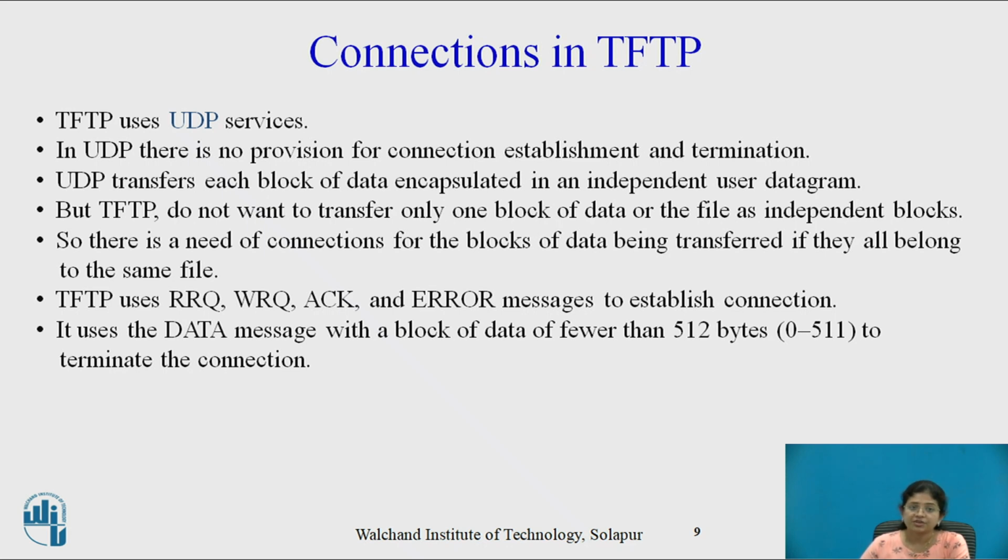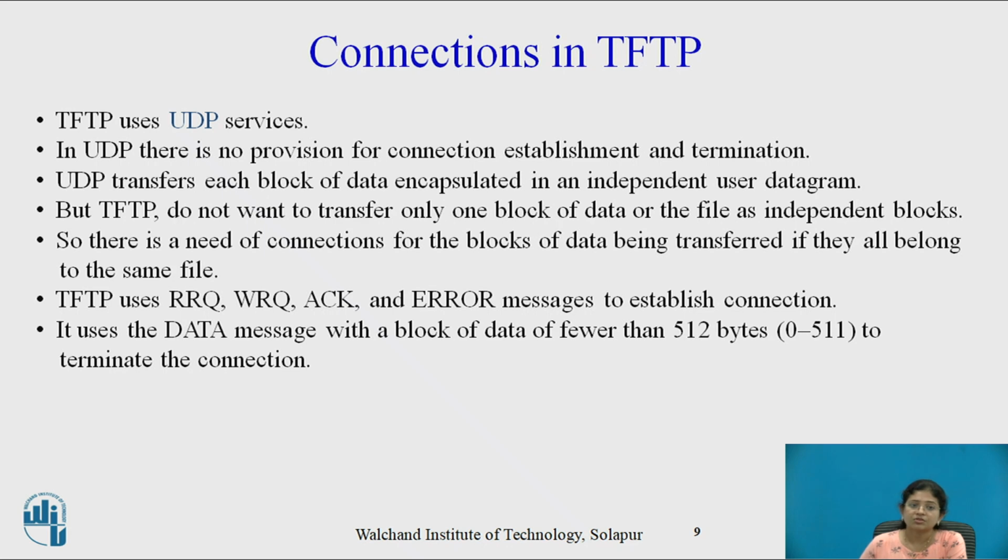But TFTP does not want to transfer only one block of data as an independent block. So there is a need for a connection for the blocks of data being transferred if they all belong to the same file. So for this purpose, it uses UDP, but it still provides reliable communication.